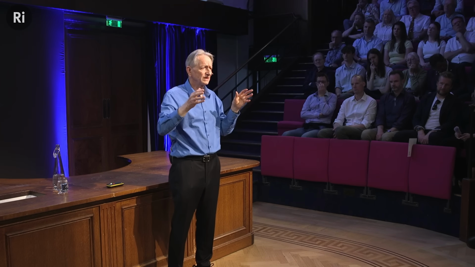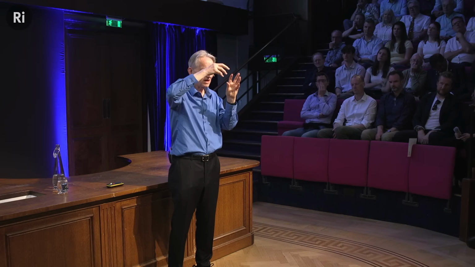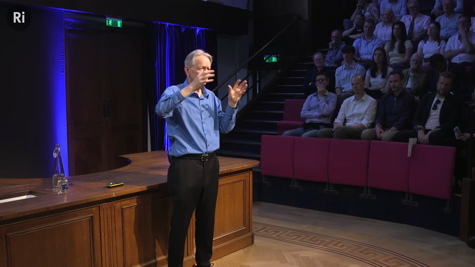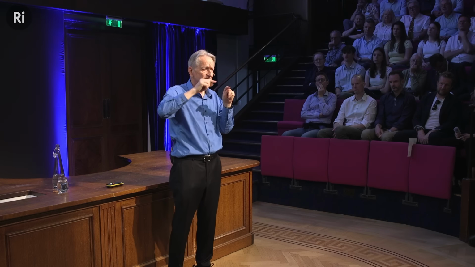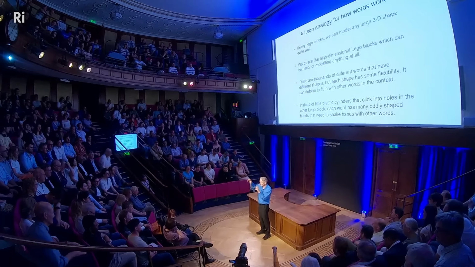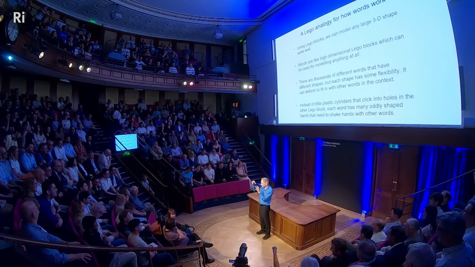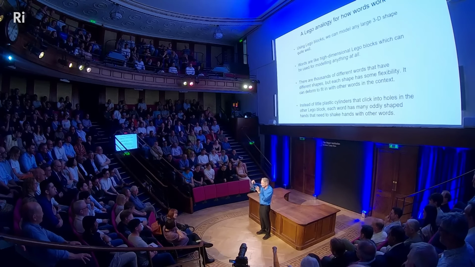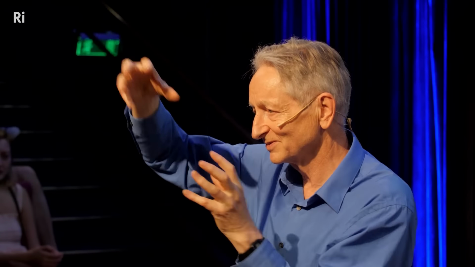If you don't know how to think about high dimensions, if you want to think about like a 100-dimensional space, the way you do it is you think about a 3-dimensional space and you say 100 to yourself very loudly. Everybody does that. So it's got a shape, this word, and the shape isn't entirely determined by the name of the word. It's got some flexibility to it, so it can adapt to whatever context it's in.